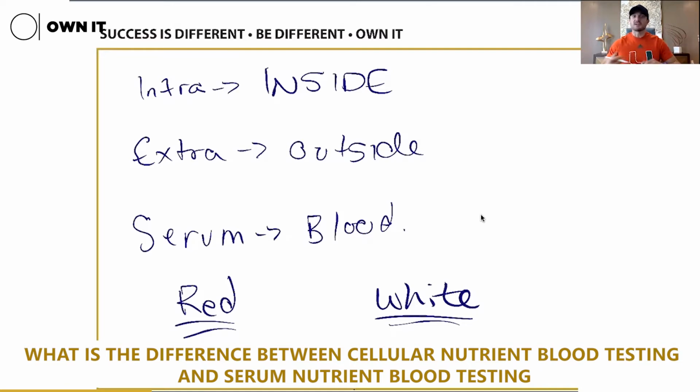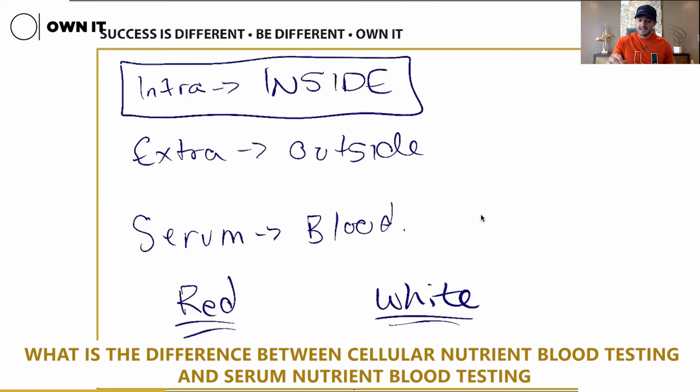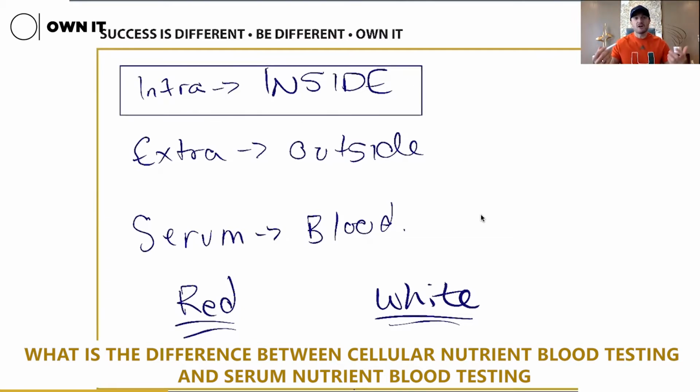Energy, cellular energy, energy to think, energy to process information, energy to run marathons, energy to sit here and flail my arms around and talk to you guys. So all of these things take energy that comes from the inside of the cell. And oftentimes, the only thing we're measuring is outside of the cell.